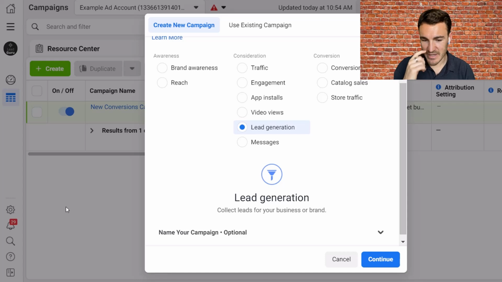Okay, so I'm in an example Facebook ad account and I've got the campaign creation window up, and I've selected lead generation just so you're exactly sure what it is I'm talking about. I'm not referring here to conversion campaigns where we're optimizing for leads, which is of course often a viable alternative to a lead generation campaign.